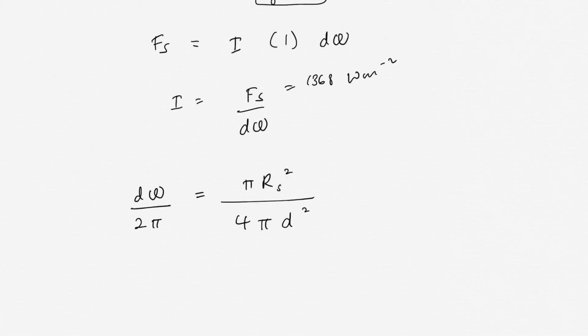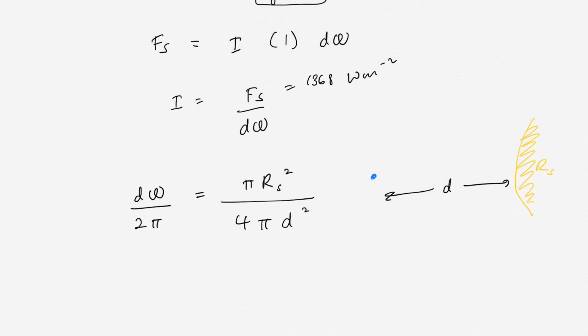d squared. So basically it's like the Earth is here and the sun is here. This is the distance between the sun and the Earth, and this is the radius of the sun.